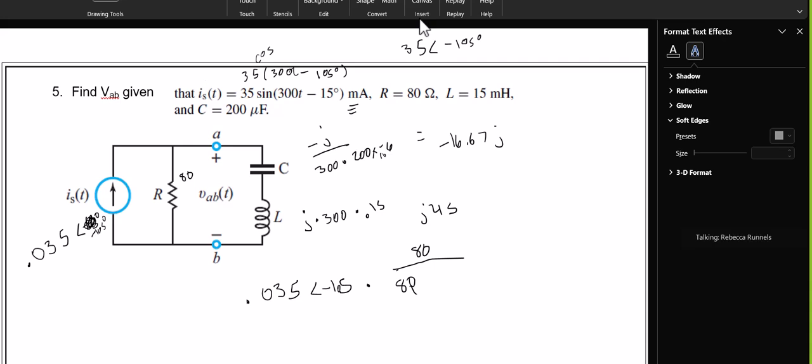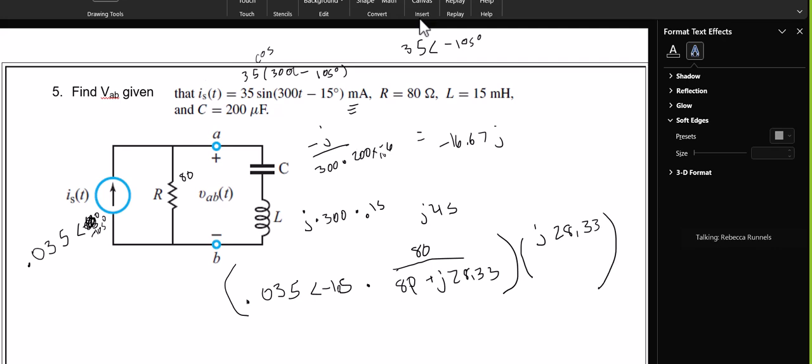plus J28.33 gets me the current through the reactive side over here. And then if I multiply that by J28.33, the capacitor and the inductor, that should give me the voltage.